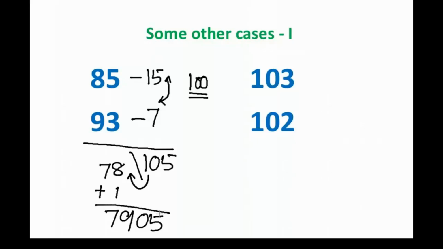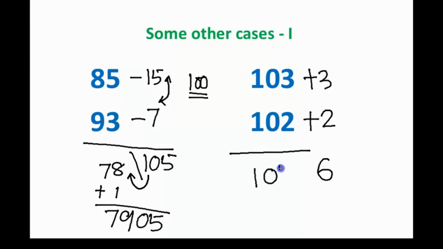So we can see the application of this in higher numbers. I will show you in the next lecture. So now this is very clear that since we got 105 on the right side, we took 1 as a carry forward to the left side of the number and added it to the number, and we got our answer. So with just a little bit of modification we got our answer.